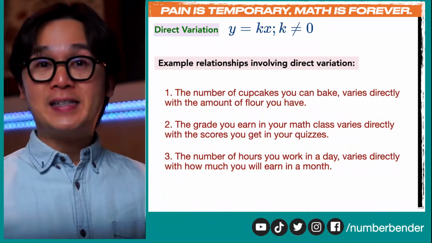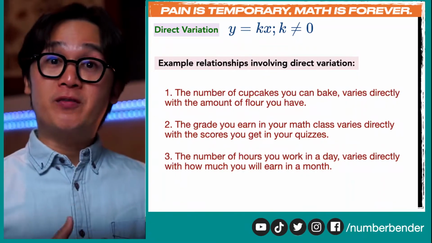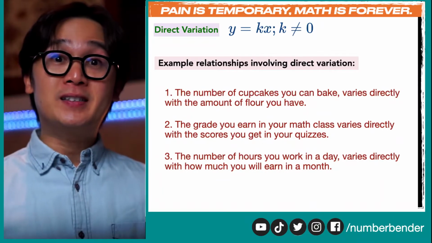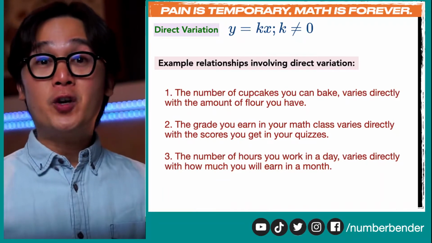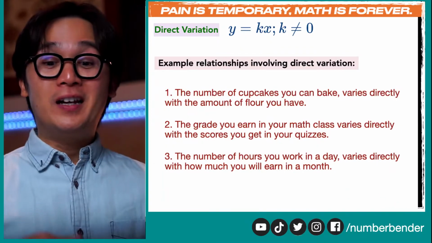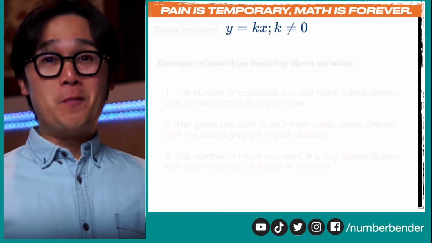So these three examples are relationships that involve direct variation, because if your input is increasing, your output is also increasing, and if your input is decreasing, your output is also decreasing. I hope I did not confuse myself with that particular comparison.